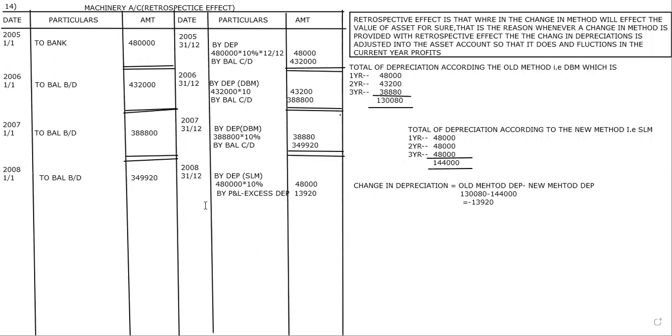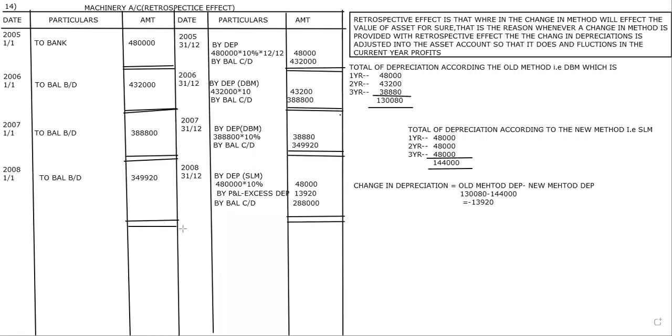Now you tell me what the balance is. So by 2,88,000. What you understand, how we have adjusted? When we say retrospective effect, compulsorily this amount of depreciation change has to be adjusted. As per the old method the depreciation is only 1,30,000, and as per the new method it is 1,44,000.